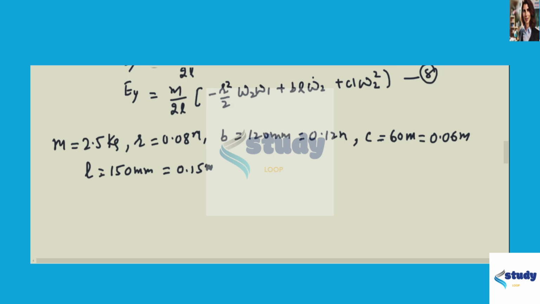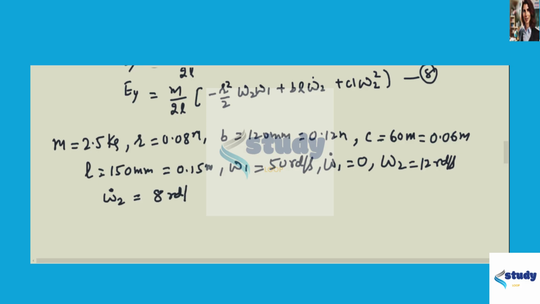Omega 1 is 50 radian per second, rate of change of omega 1 is 0, omega 2 is 12 radian per second, and rate of change of omega 2 is 8 radian per second square.